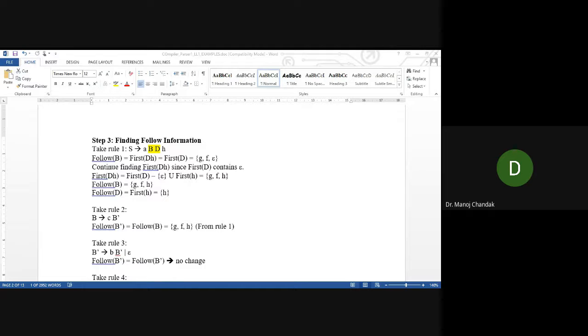Okay, let me come to the slideshow. I think I'm not able to write on this. Okay, yeah, I can write now. So if I have some production S derives to, oh no, it's not allowing me to write with the keyboard. Just a minute.